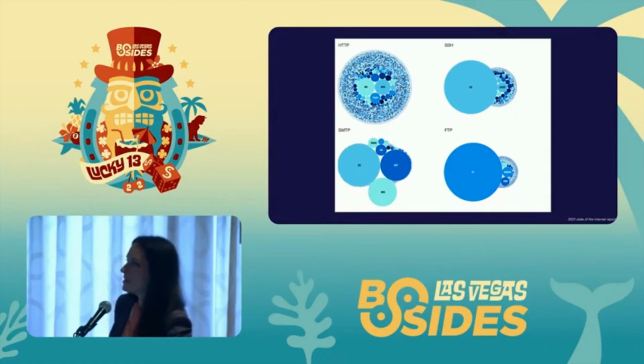But you contrast that with SSH and FTP, and you can see that they are much more commonly run on their IANA assigned port. And then SMTP is a whole other thing because of secure SMTP, deprecation of ports, and that kind of thing. But either way, I think this speaks to the power of visuals.